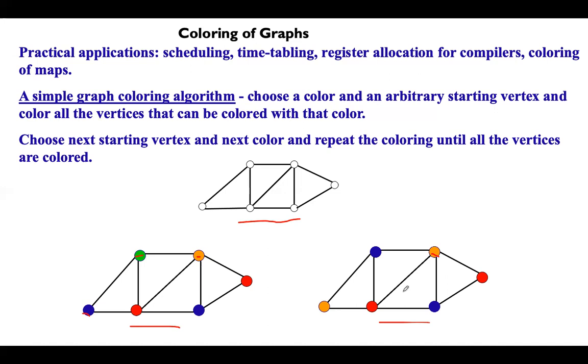This is one simple example. Because while scheduling or when you are doing a timetable and all, we always have to look for a minimal, optimized result. Okay, the minimum number of colors that can be used to color the graph.